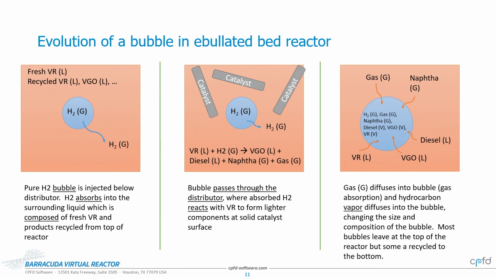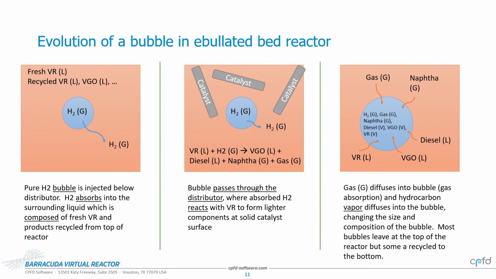This is something we, at that time, were not able to do, where this hydrogen is then reacting on the solid catalyst in this liquid phase, producing multiple liquid components within the fluid phase.